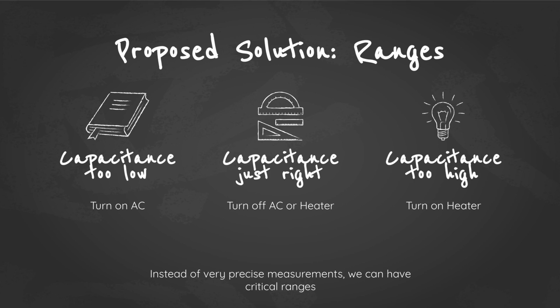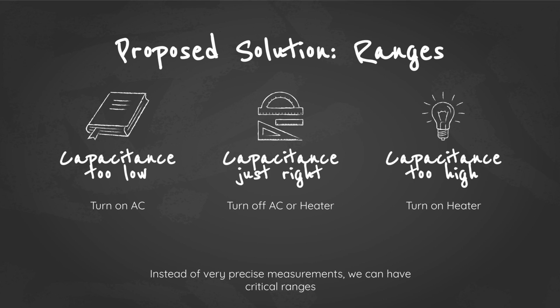Essentially, when the capacitance is too low, we're implying that the dielectric constant of the substance inside is too low, since capacitance is equal to A times epsilon over D. So if epsilon is too low, this implies that the temperature is very high. And if the temperature is too high, we're going to turn on the AC.